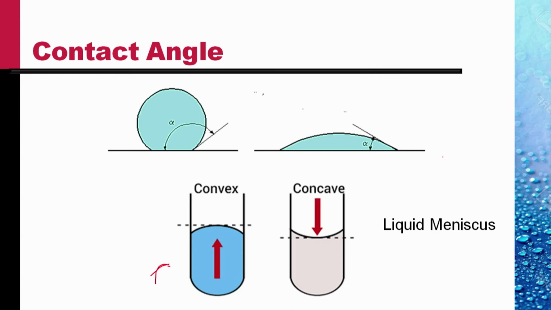Water in a glass tube forms a concave meniscus. Mercury in a glass tube forms a convex meniscus. The meniscus of mercury in a glass would be much more pronounced, and the contact angle would be 180 degrees there. And if it is water, then the contact angle here would be 0 degrees. So the meniscus would be much sharper.